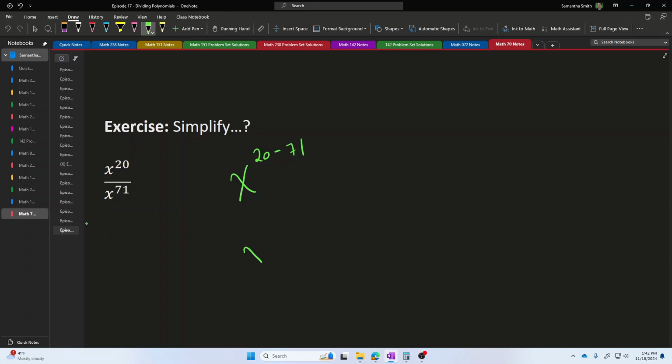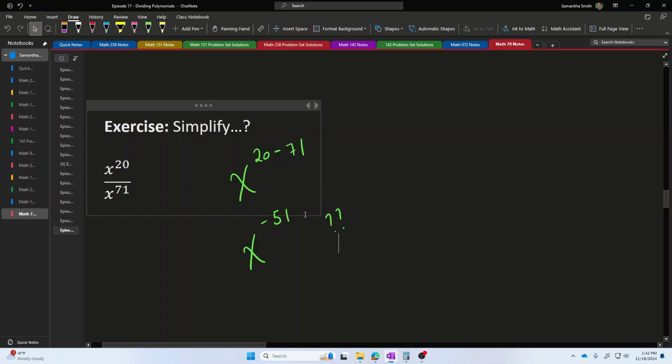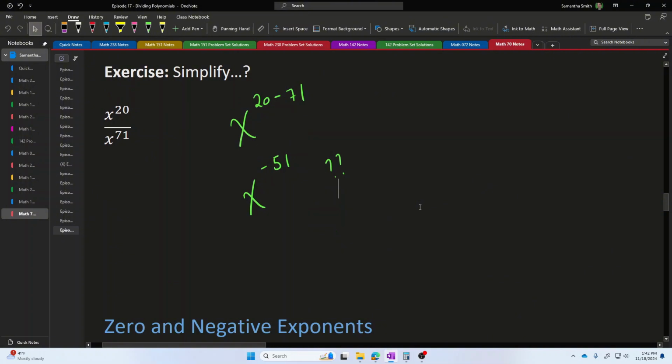But this would leave me with an exponent that's negative, x to the power negative 51. And this is interesting, right? We've never seen negative exponents before. But what could be the meaning of something like this, x to a negative power?